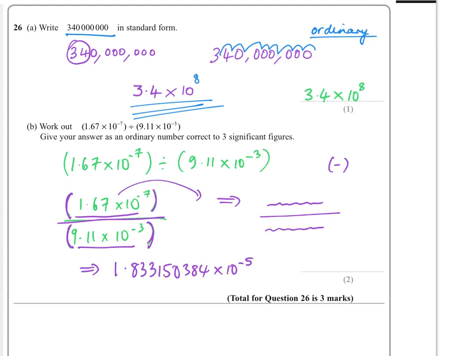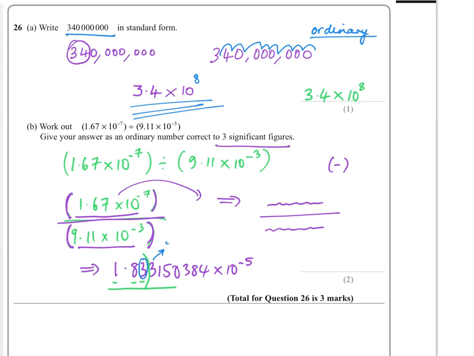Now we've got to give the answer to 3 significant figures. So let's have a look closely at the number. So first, second, third significant figure, and if we look here, this is a 3, which is going to have no effect on this number.